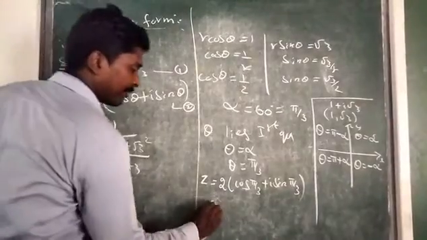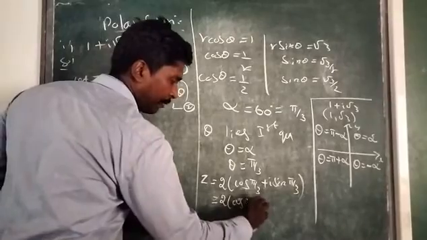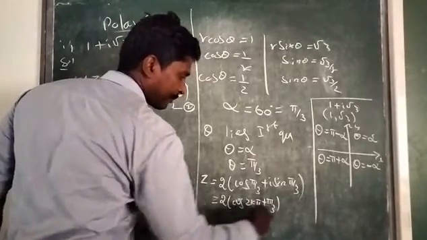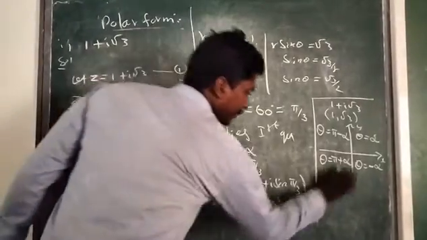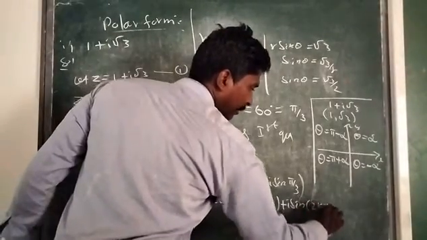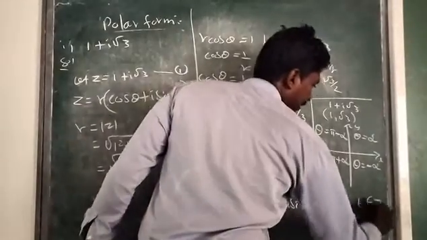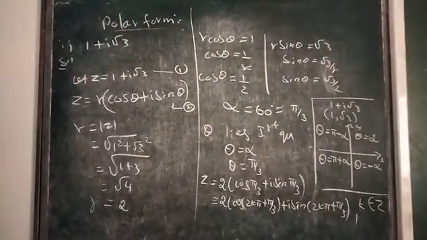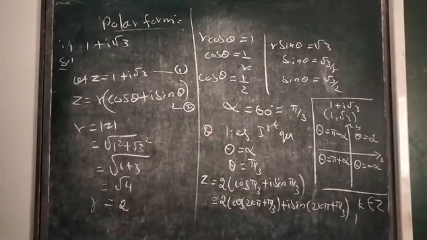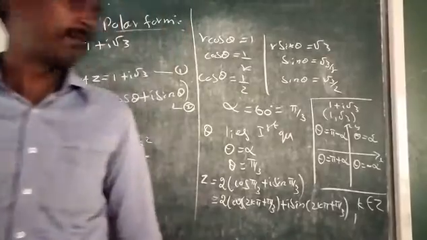So the same thing you can write as 2 into cos(2k pi plus pi by 3) plus i sin(2k pi plus pi by 3), where k is an integer. You can write like that also. In short form, you can write the first letters, cis, of 2k pi plus pi by 3.